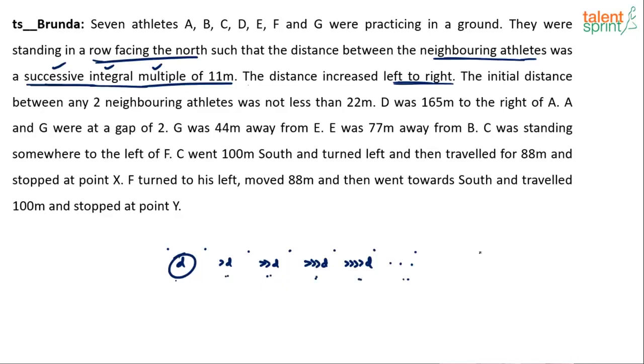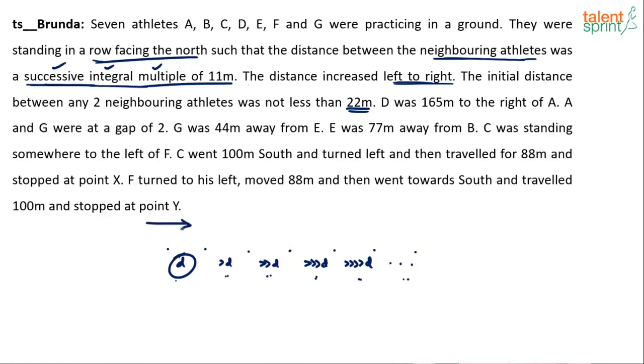Now, the initial distance between any two neighboring athletes was not less than 22 meters. See, we have already understood that the smallest distance will come in the first place only, because he says distances increase from left to right.